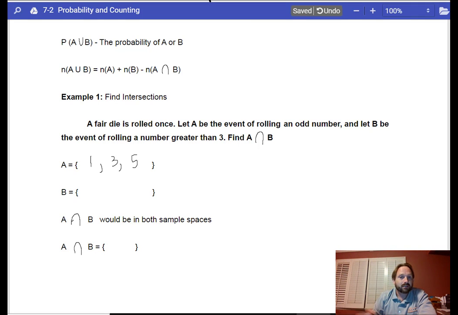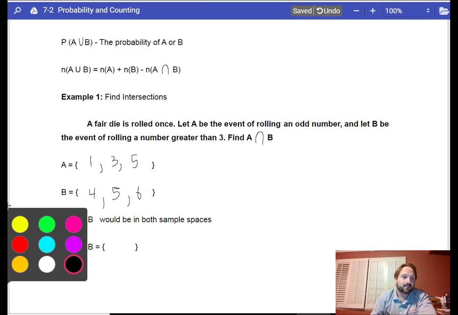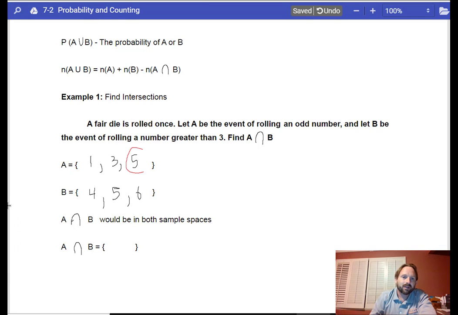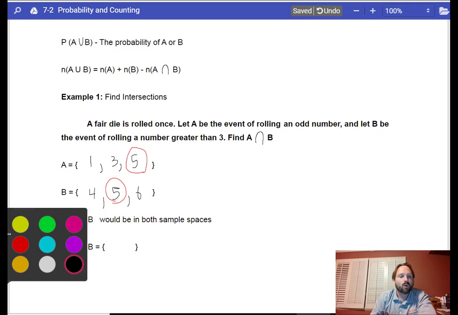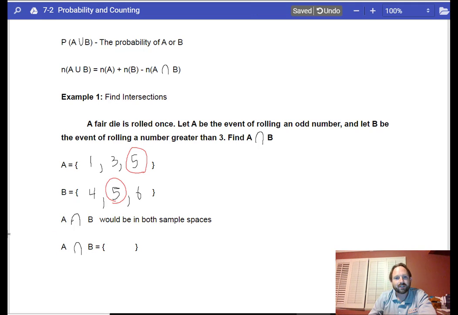Now B says a number greater than 3. So the numbers greater than 3 would be 4, 5, and 6. So the intersection of A and B would be in both sample spaces. Looking at this, it's only going to be 5.